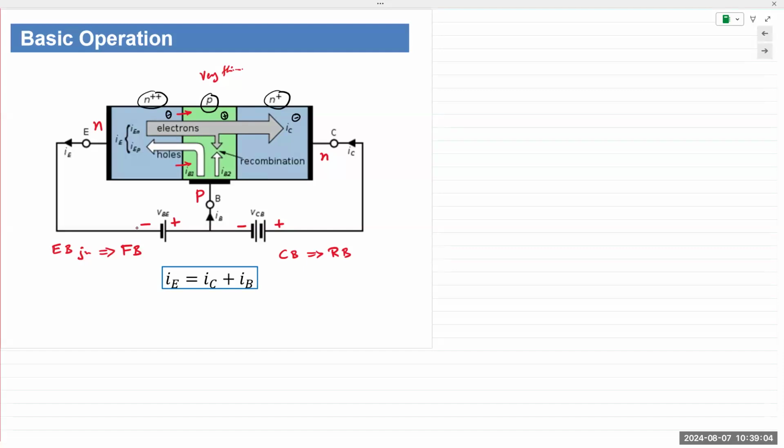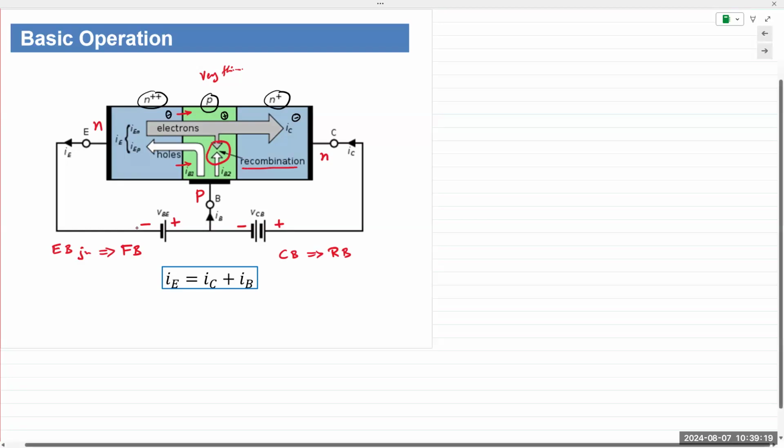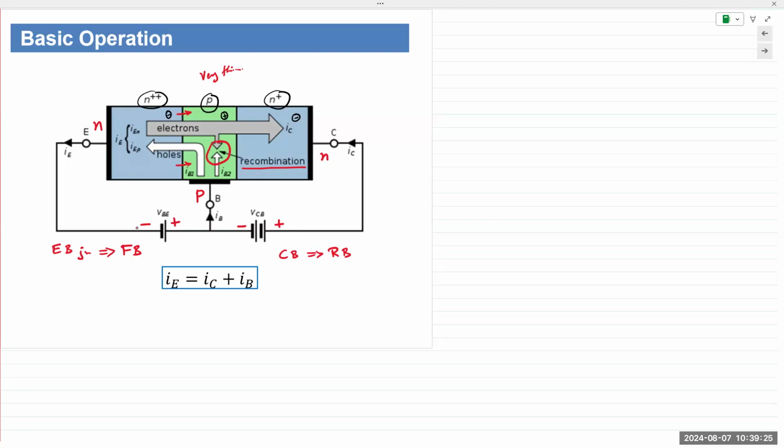Again, remember, a hole is a positively charged particle, but physically it's an empty spot. So some of the electrons jump into the spots and take out one positive charge and one negative charge, which is the process of recombination. Right? Electron moves into a hole, that gets rid of the electron, also gets rid of the hole. Recombination.